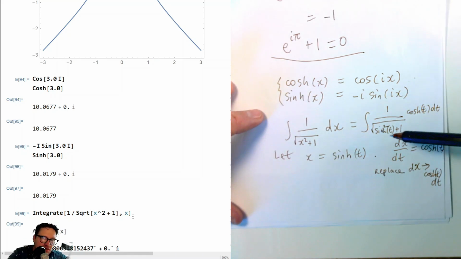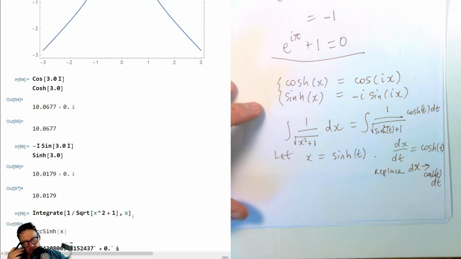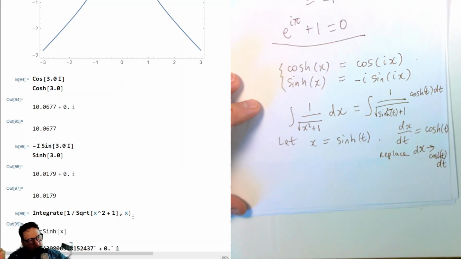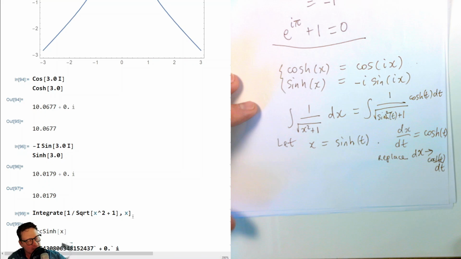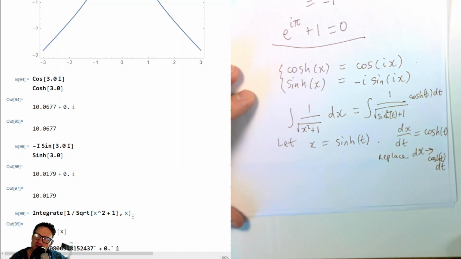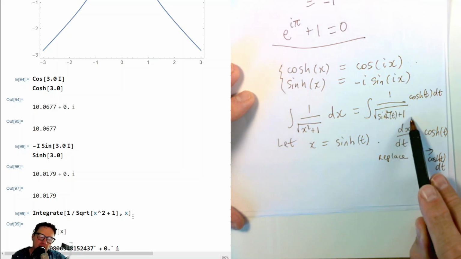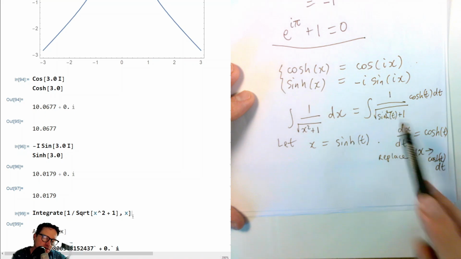And then in here, some more magic happens, because remember how cosh squared minus sinh squared equals 1? So that tells you then, if you take the sinh squared over to the right-hand side of that equation I just spoke, then cosh squared is equal to sinh squared plus 1. So what we have then inside this square root is cosh squared, and so this thing is 1 over cosh.